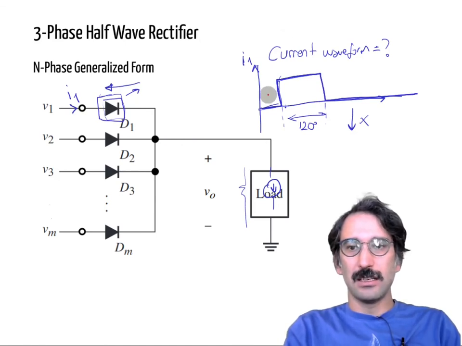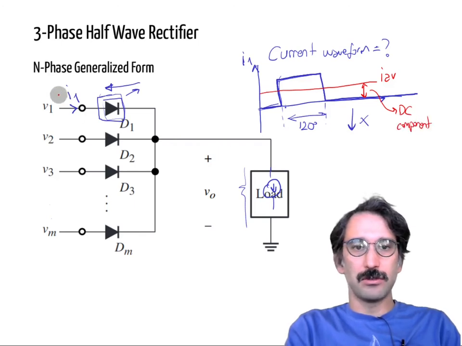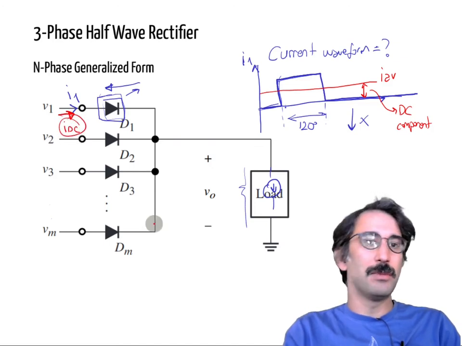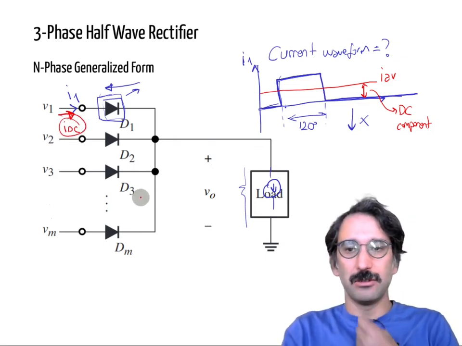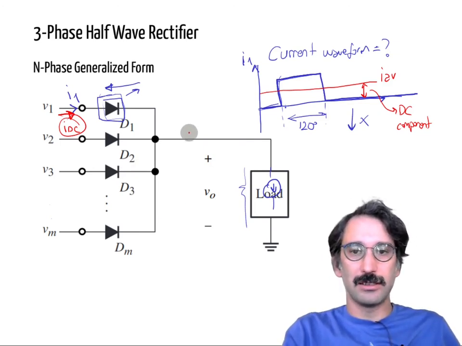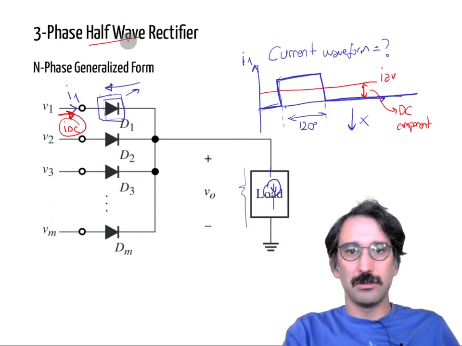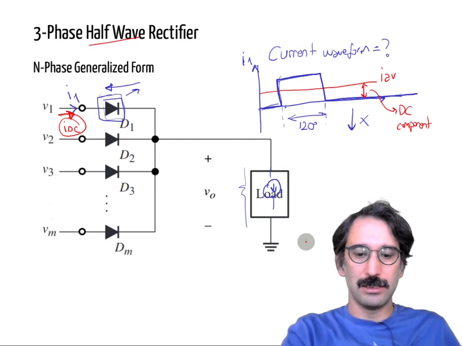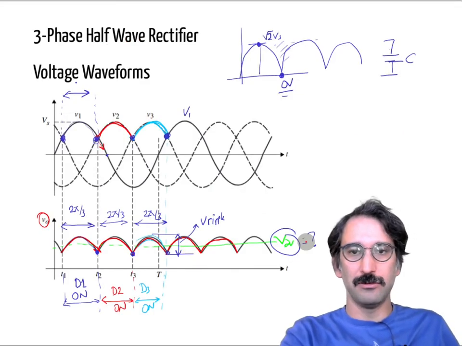As a result, if you get the average, if this is I average, then you will have some DC component. That means you are trying to draw some DC component from the AC grid, and that has bad consequences in your transformers, saturation, or in other systems. So that is one of the largest disadvantages of half wave rectifiers, but this is just an intro to full wave rectifiers.